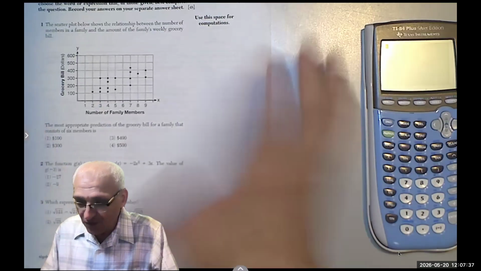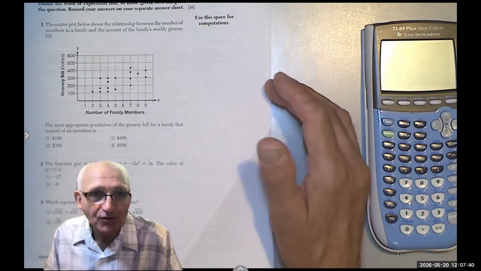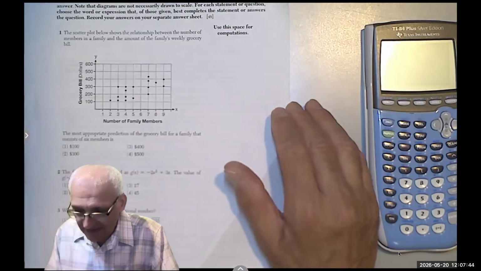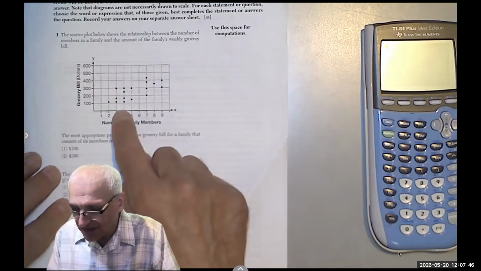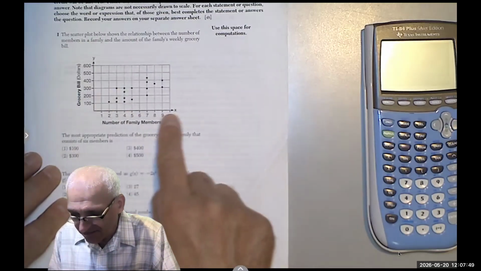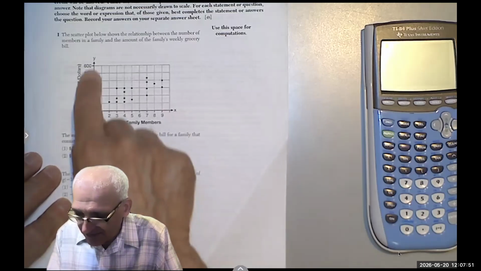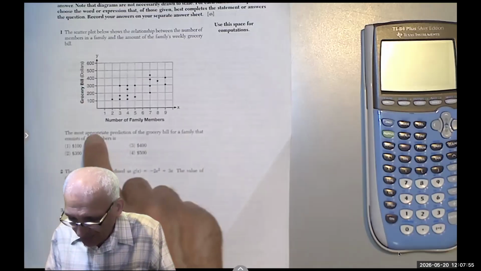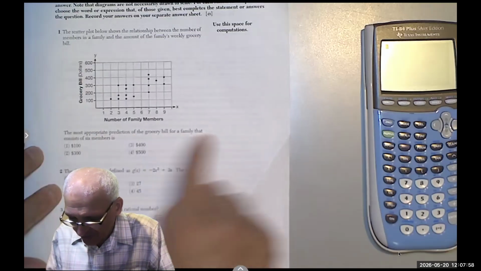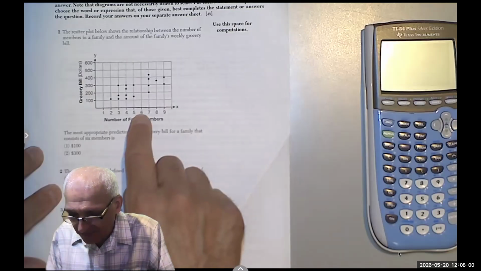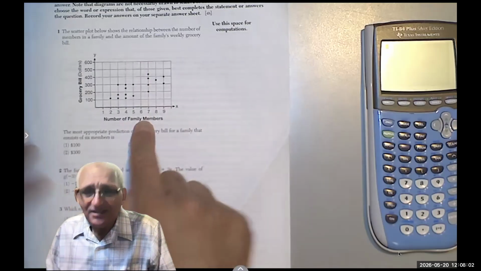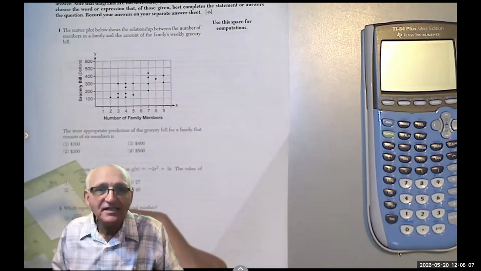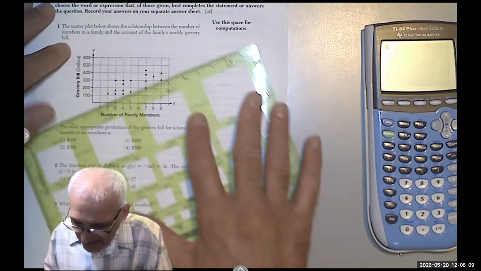The first 24 questions, of course, each one is worth 2 credits, as you know, multiple choice. They tell you the scatter plot below shows the relationship between the number of members in a family and the amount of the family's weekly grocery bill. The most appropriate prediction of the grocery bill for a family that consists of 6 members is how much? Usually you try to fit, it's not going to be perfect, a straight line that goes in the middle of the data.